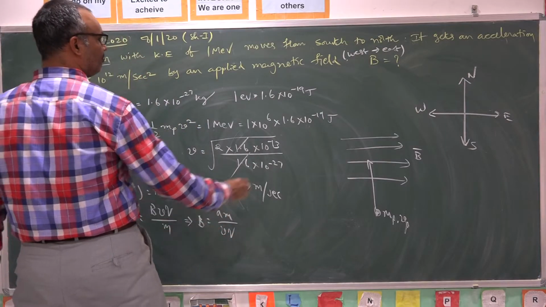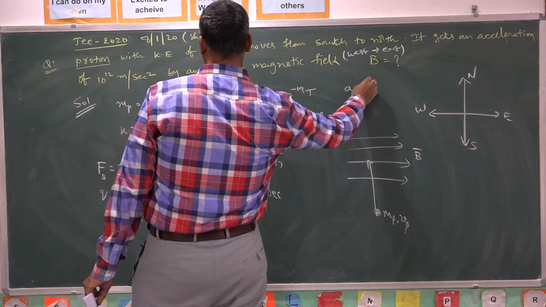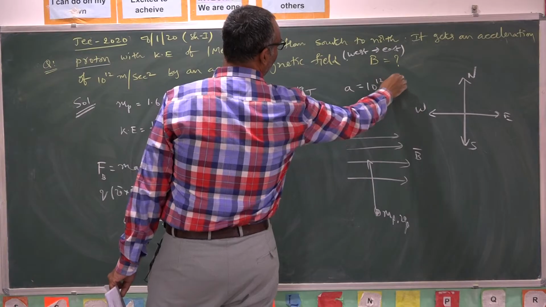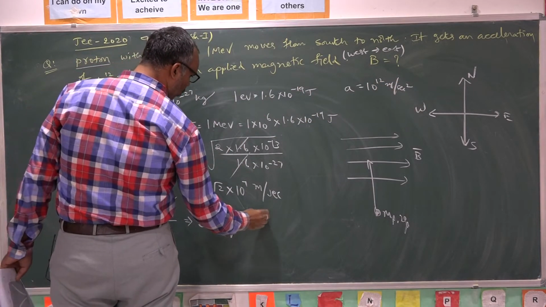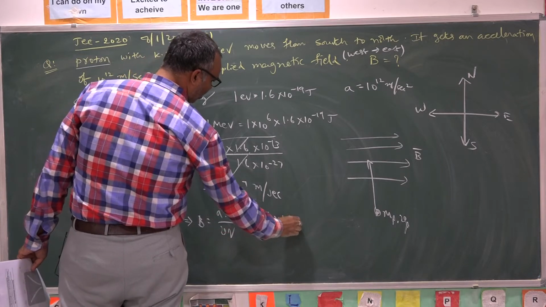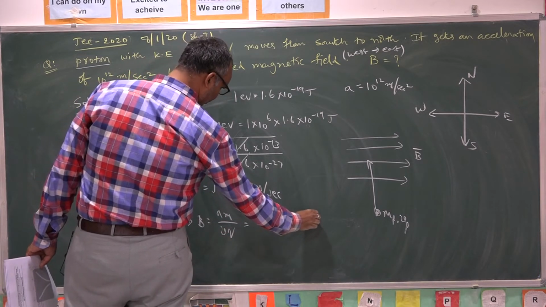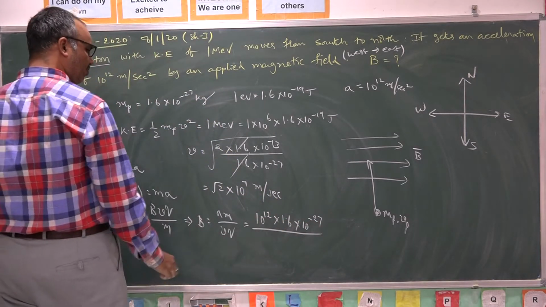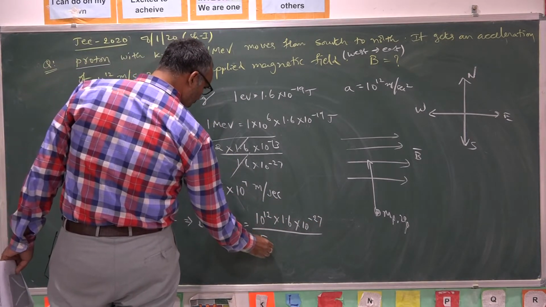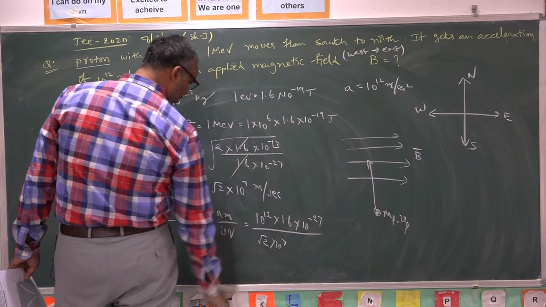Acceleration gained, they gave it as 10 power 12 meters per second square. So that is 10 power 12 into mass 1.6 into 10 power minus 27 kgs by velocity of the proton. Just now we calculated root 2 into 10 power 7.